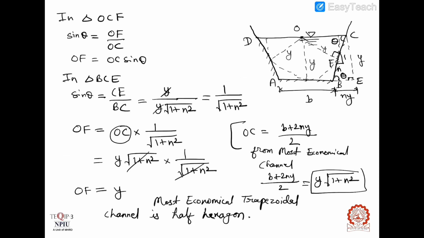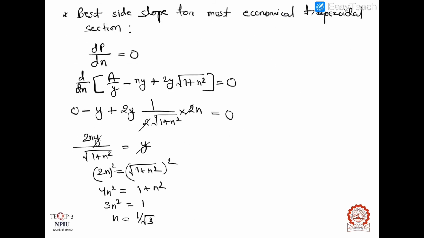Here this is n, which is equal to 1 by root over 3, and tan theta is 1 by n.